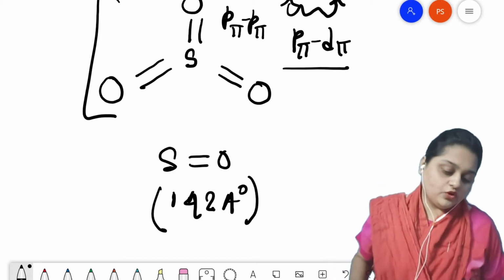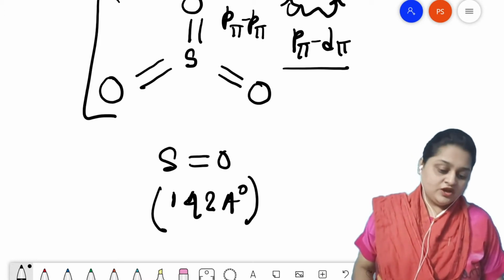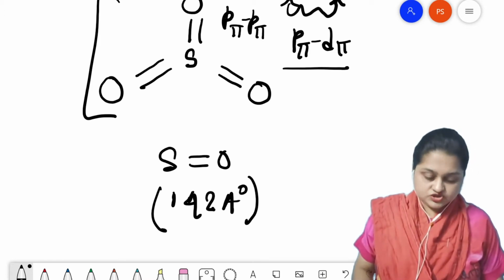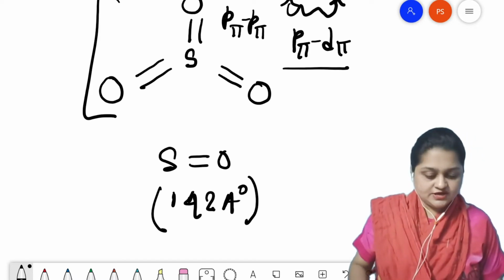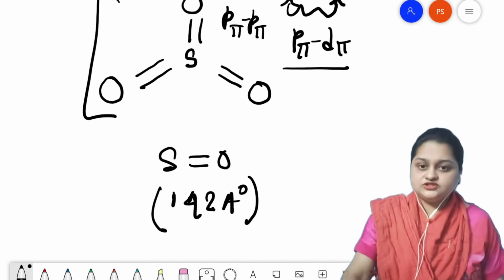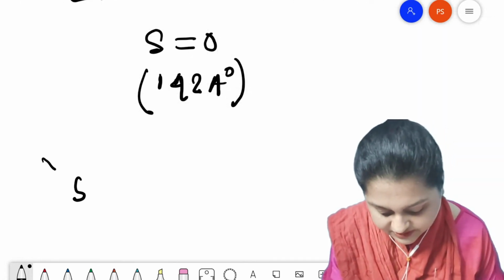This is the value. So all the 3 bonds have been found to be equivalent. This is due to a resonance structure that makes all the 3 bonds equivalent in SO3 molecule, and that resonating structure is this.